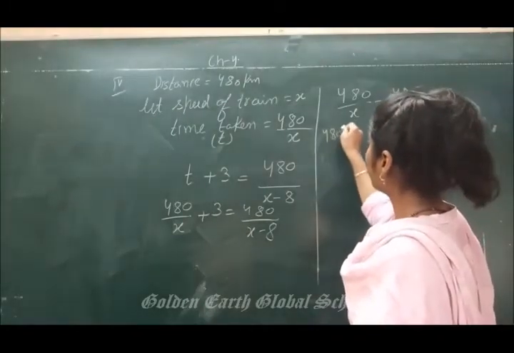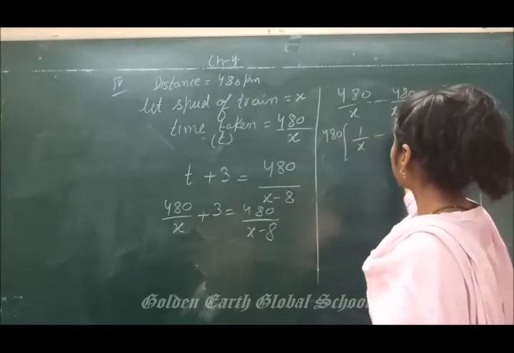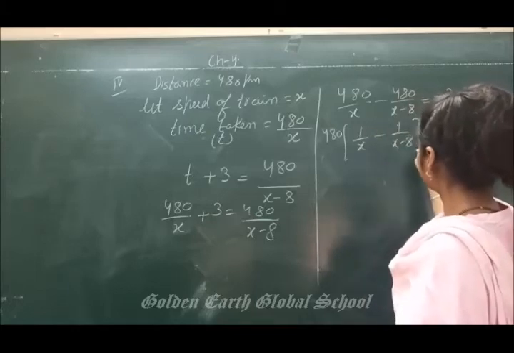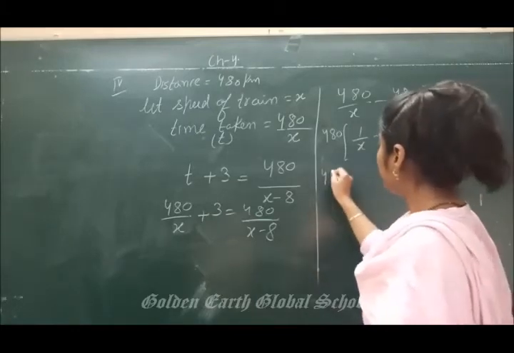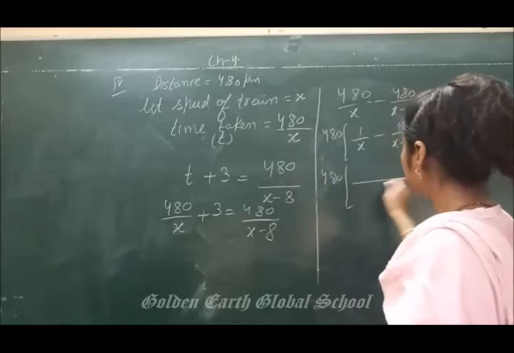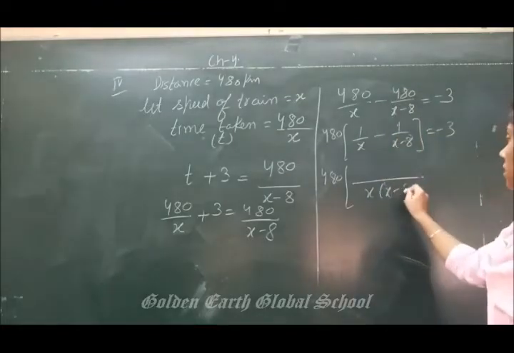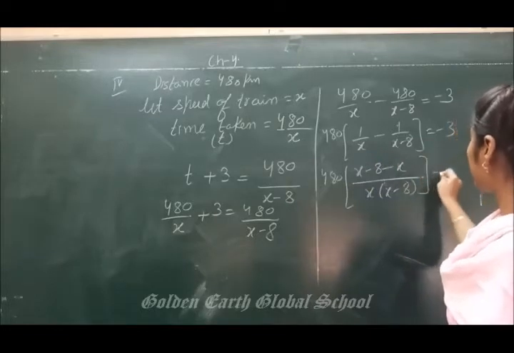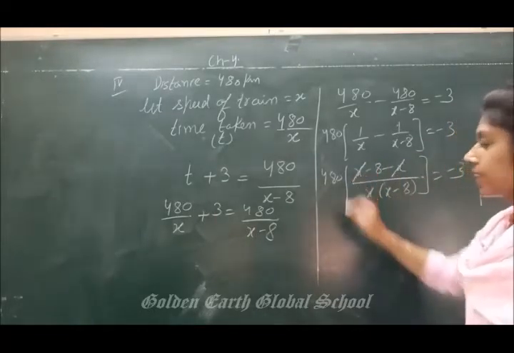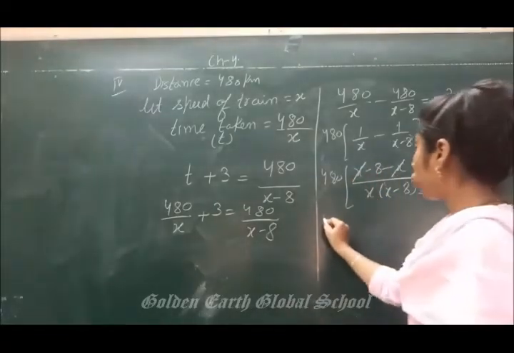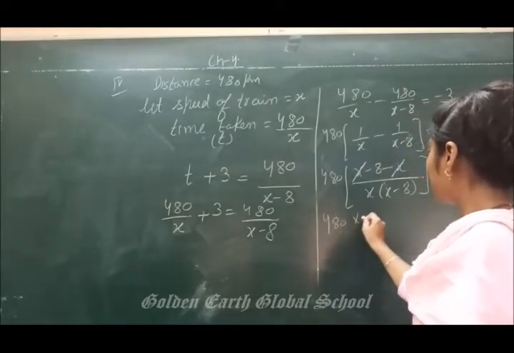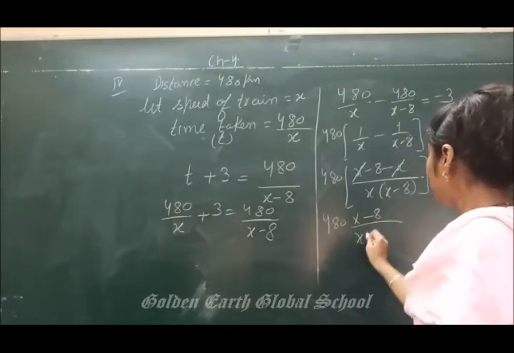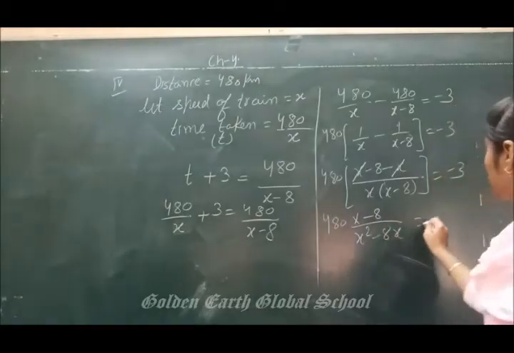Firstly take out 480 to reduce the calculations. Now take the LCM, x minus 8. Here it will become x minus 8 minus x equals to minus 3. x and x will be cancelled. 480 into minus 8 upon x square minus 8x equals to minus 3.